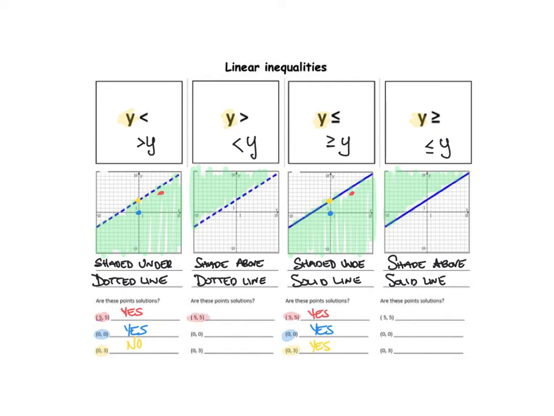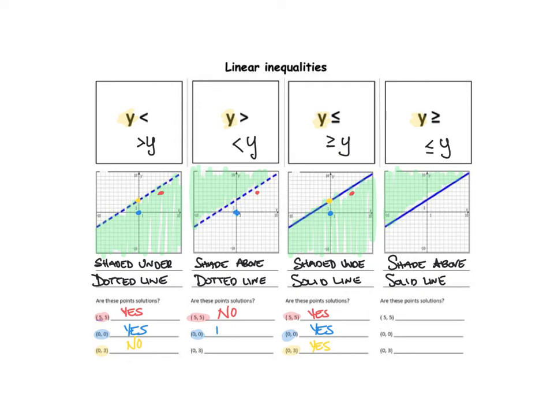What about 5, 5? 5, 5 is going to be right there. This is not in the shaded area, so that is not a solution. Then we have 0, 0, which is right here.